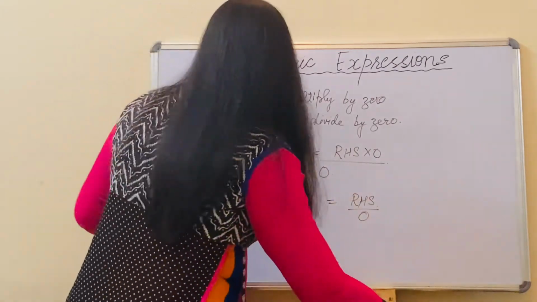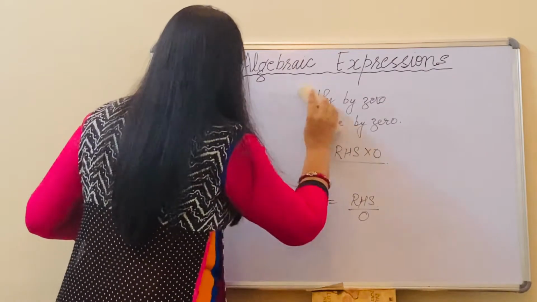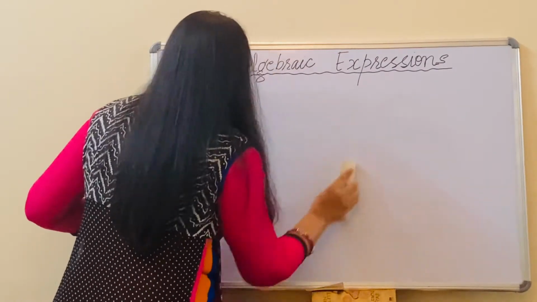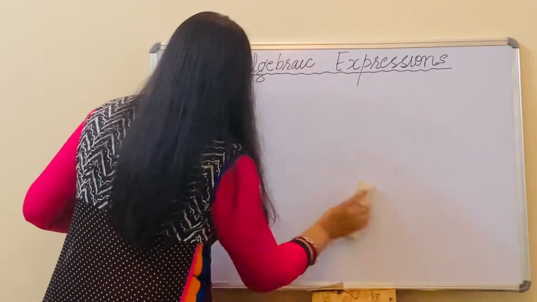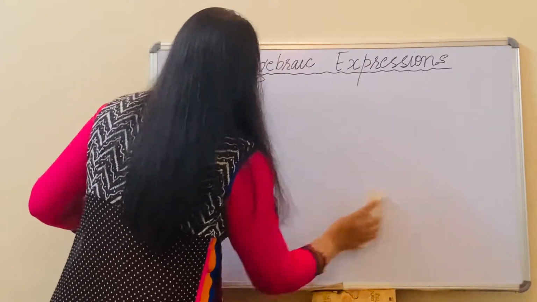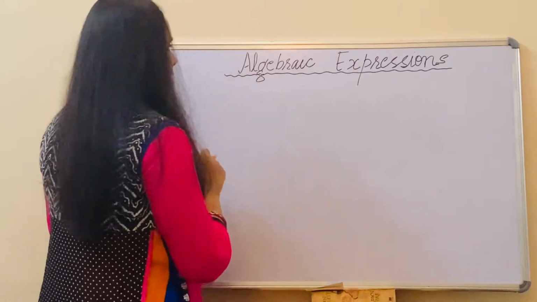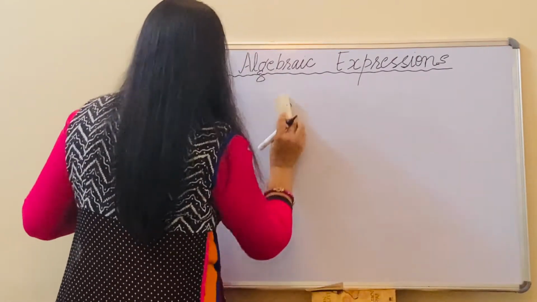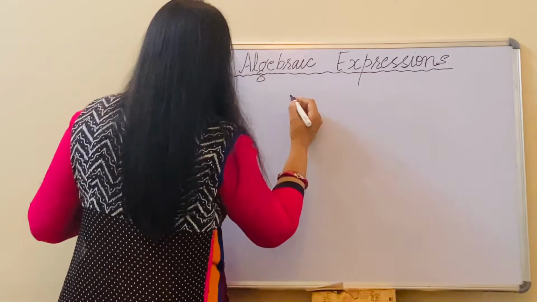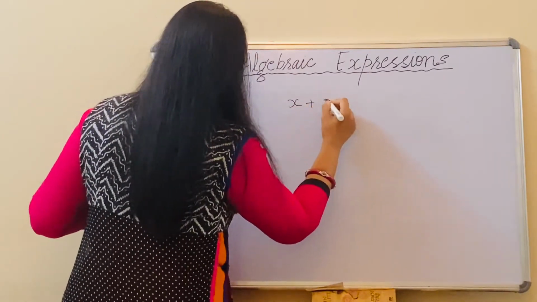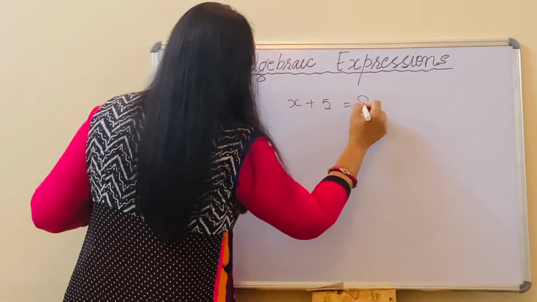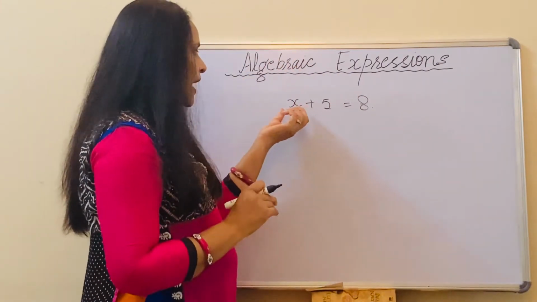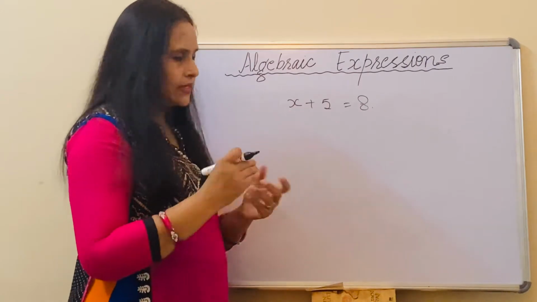The next thing which is important that I am going to tell you is what is transposition. Taking it in a simple way, solving the algebraic equation x plus 5 is equal to 8, we have to calculate the value of x.